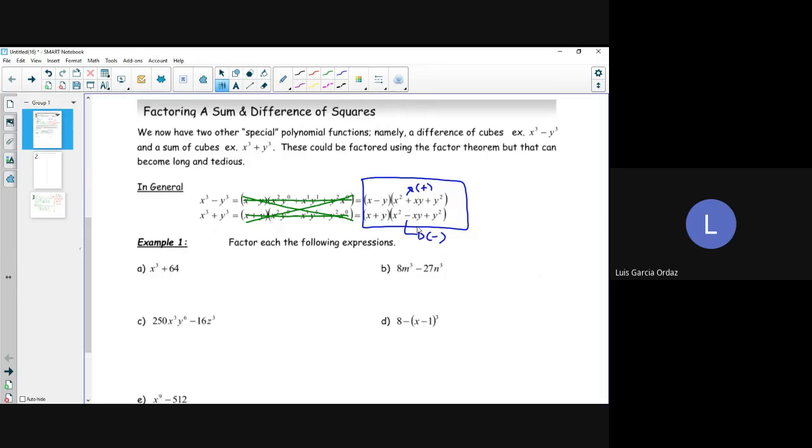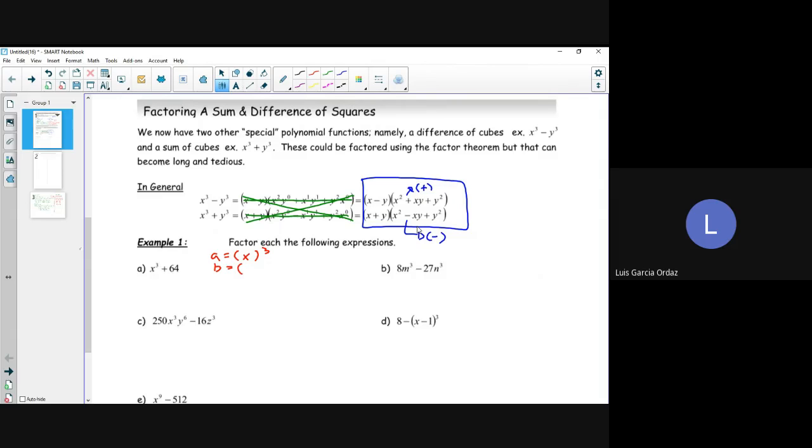So we're going to look at some examples. The first question is x cubed plus 64. Our a is going to be expressed as x to the 3, and our b is going to be expressed as what?